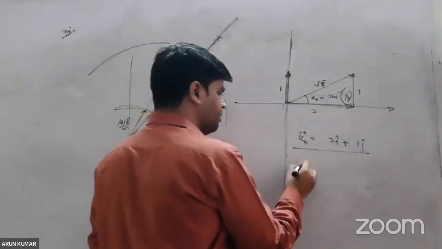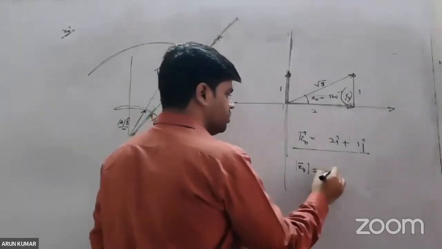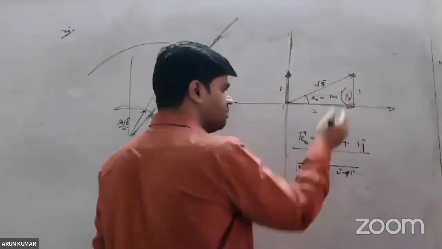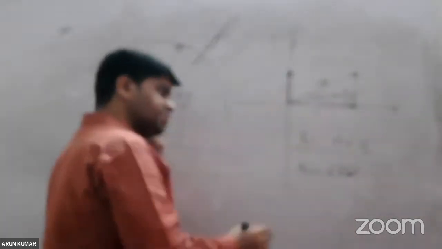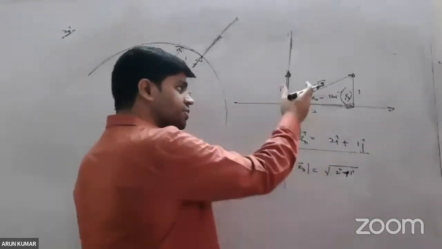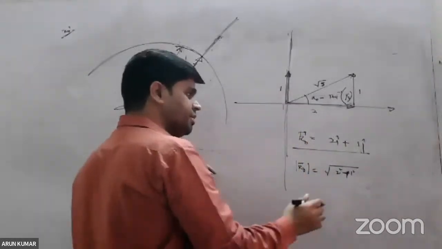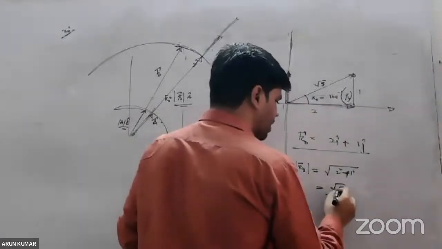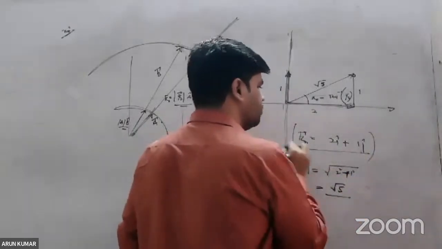So what is the magnitude here? Mod r bar, root of 2 square plus 1 square. See, it's actually from the geometry itself we got this. Alright, there's nothing new. It's not something different from this one. Both are equivalent. So I'll get root 5 as magnitude. But how do you get the magnitude if only the vector is given and no geometry is given?